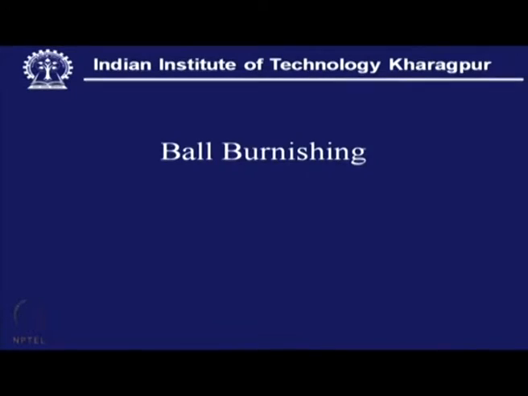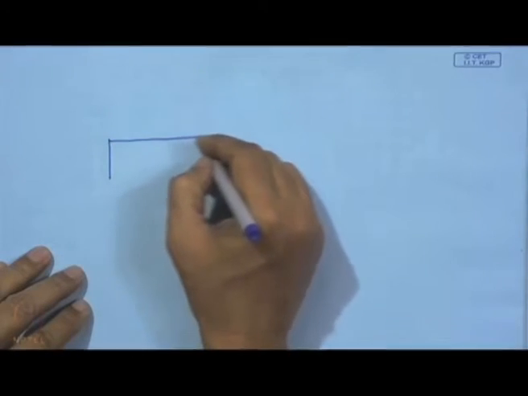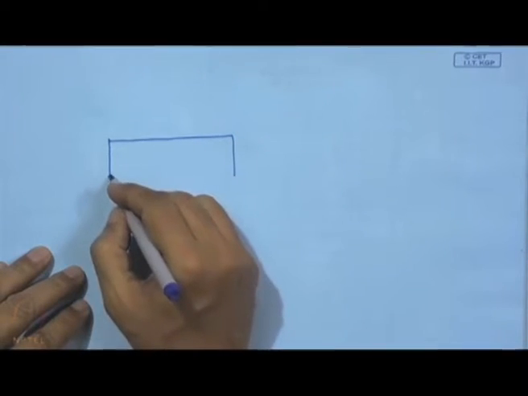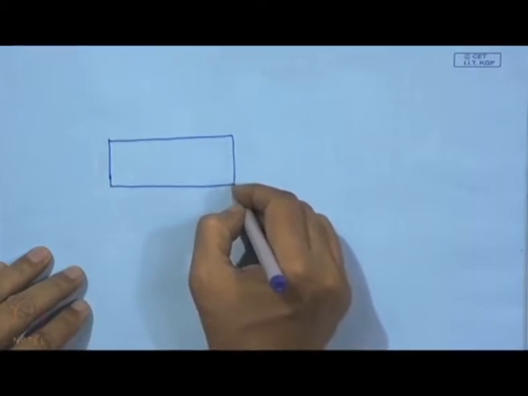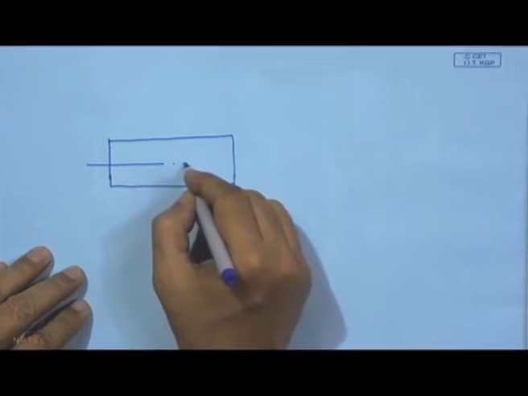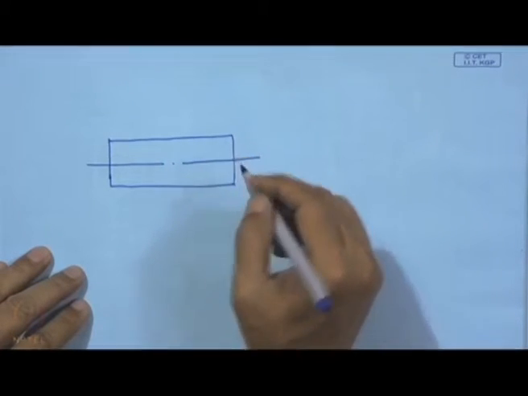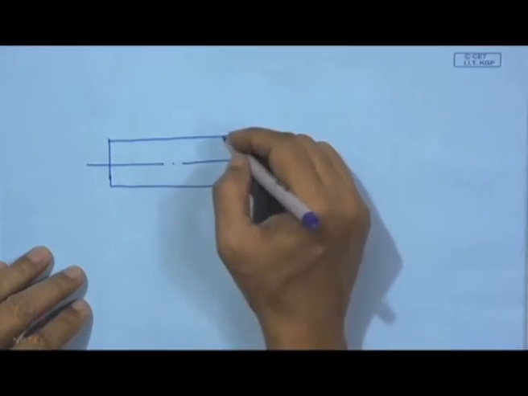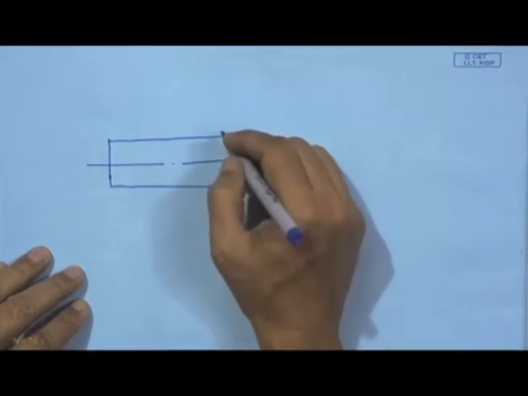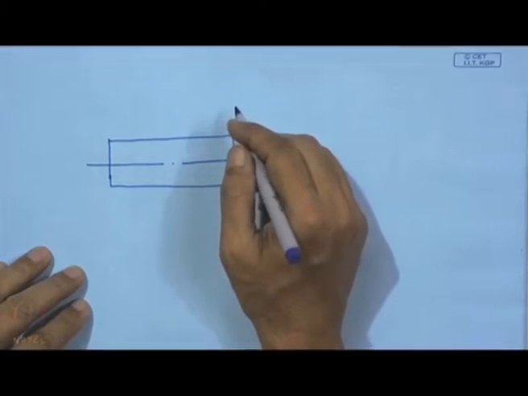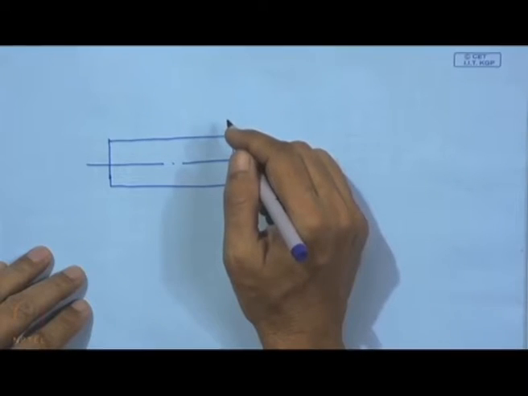Now comes one mechanical process, ball burnishing. Ball burnishing means here, suppose we have a cylindrical piece, and on it we need to improve the property or the quality of the surface.